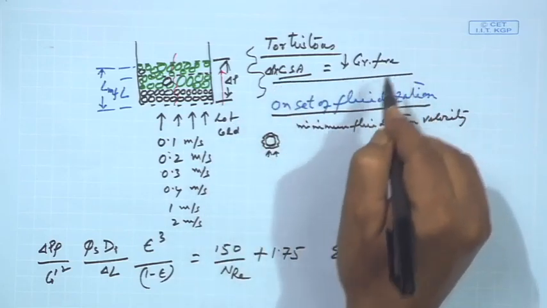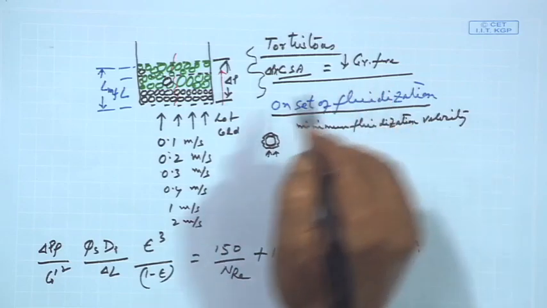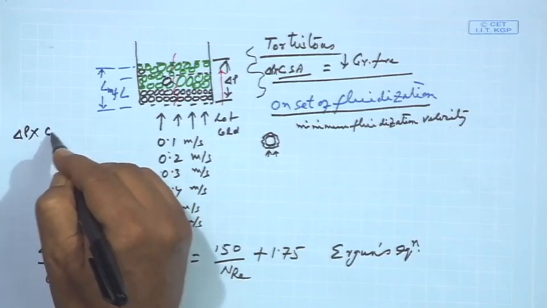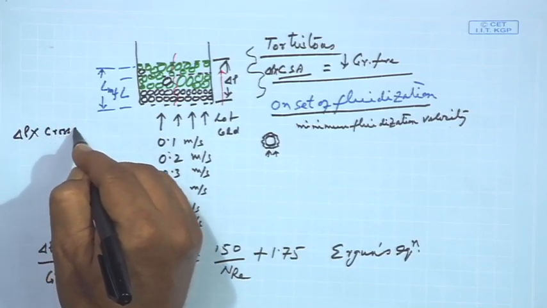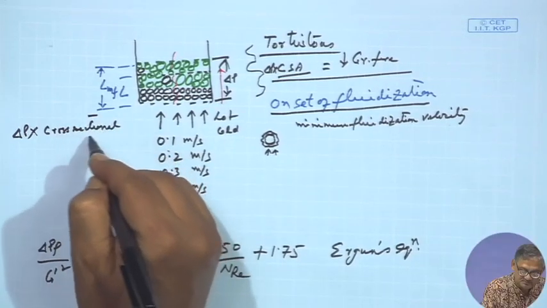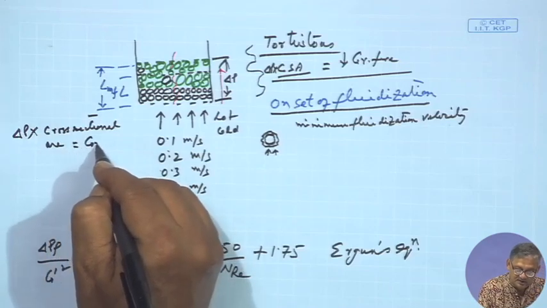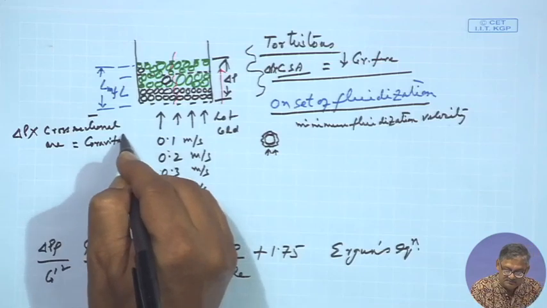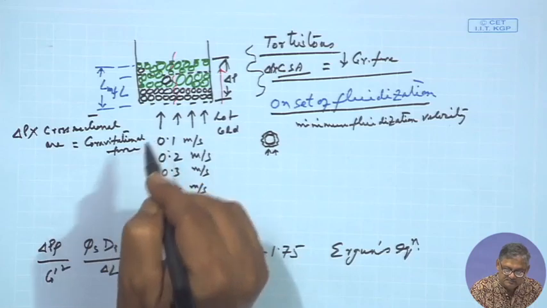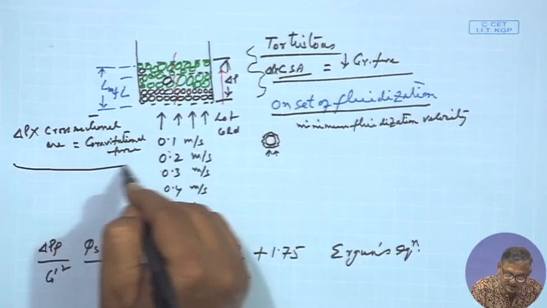This condition we call the onset of fluidization, when delta P times the cross sectional area is equal to the gravitational force, right.